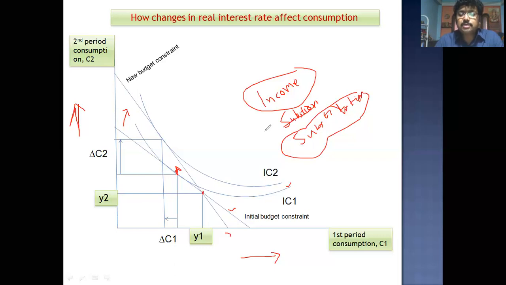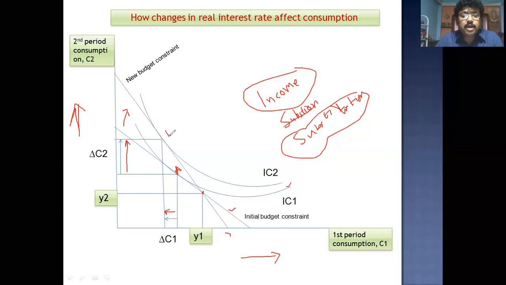And as the first period consumption is expensive, it will decrease. So on the basis of the substitution effect, first period consumption will decline this much, second period consumption will increase this much.